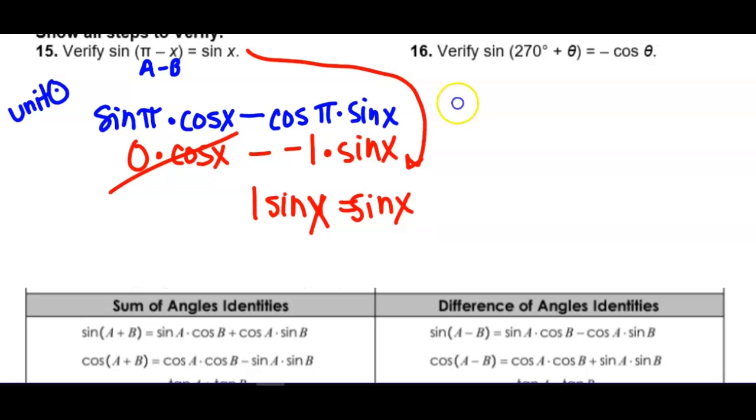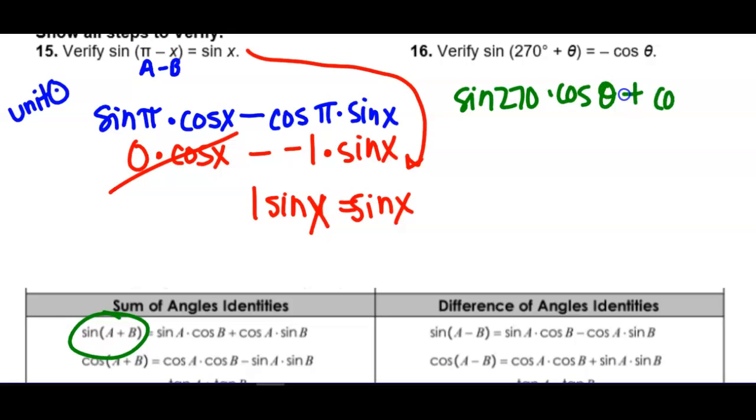Okay. I'll do one more just because they're fun, but again, not on a quiz. I just want a different color here. Okay. So this one says sine of 270 plus theta. That would be this one. So you'd have the sine of 270 times the cosine of theta plus the cosine of 270 times the sine of theta.